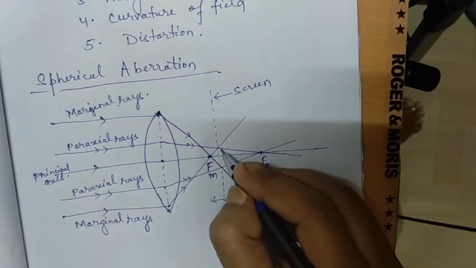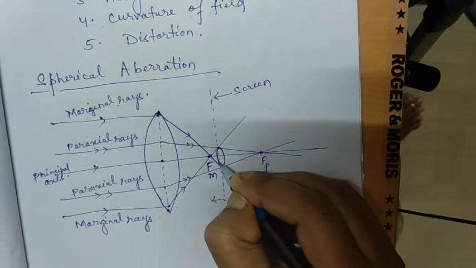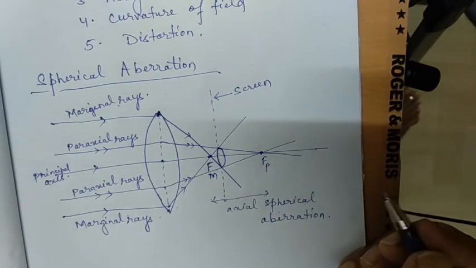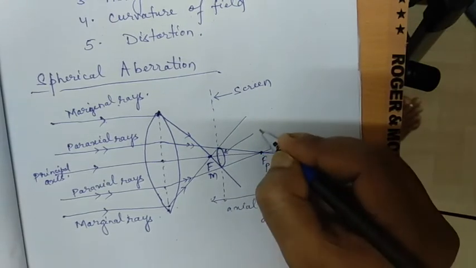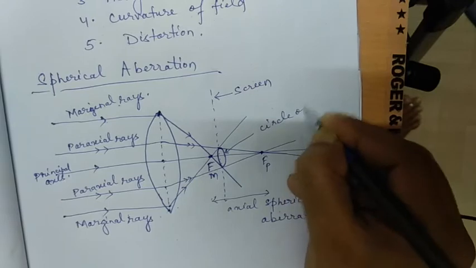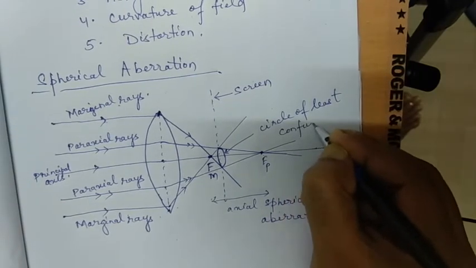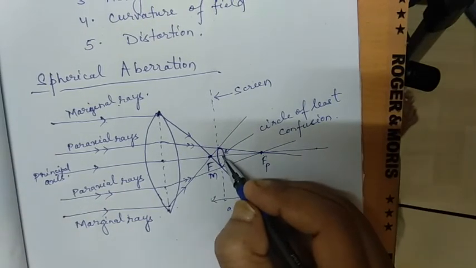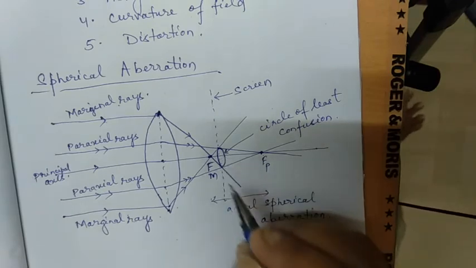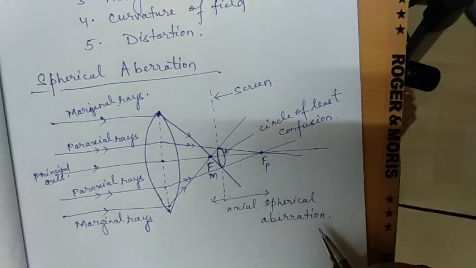So I see that I get the image as a circular disc, and this circular disc is called the circle of least confusion. And the radius of the circle of least confusion gives you the measure of axial spherical aberration.